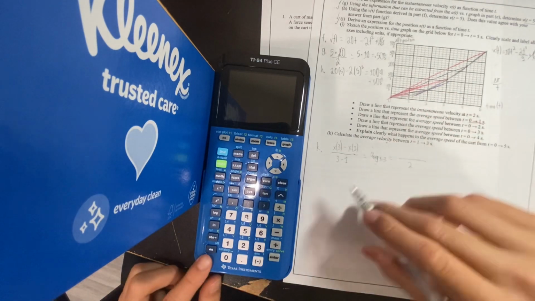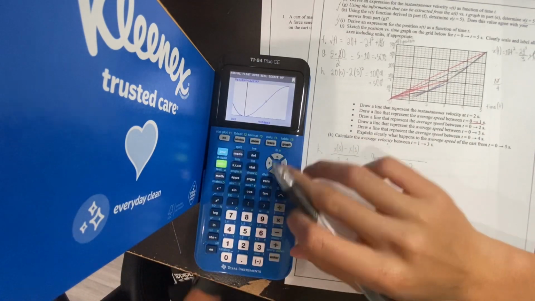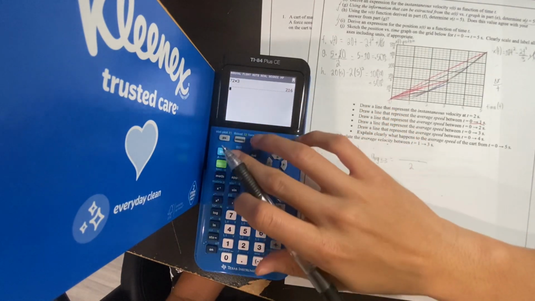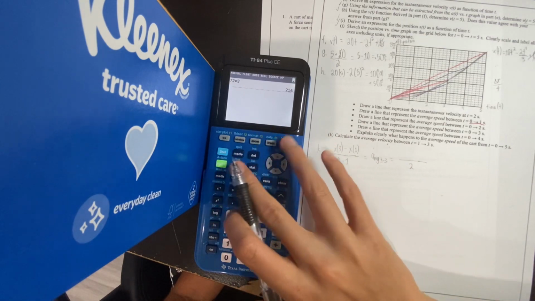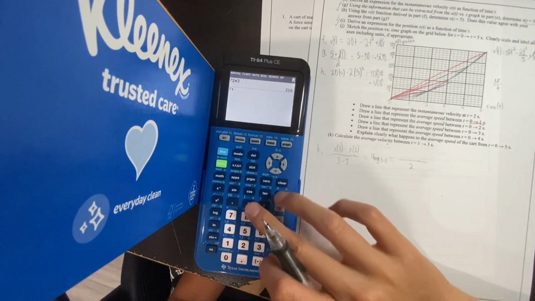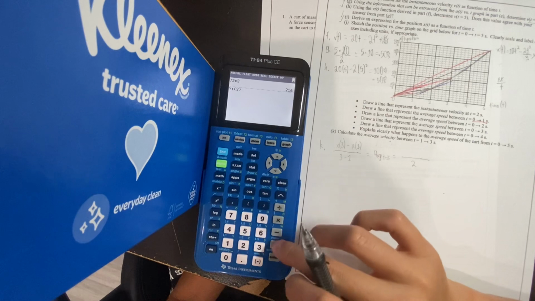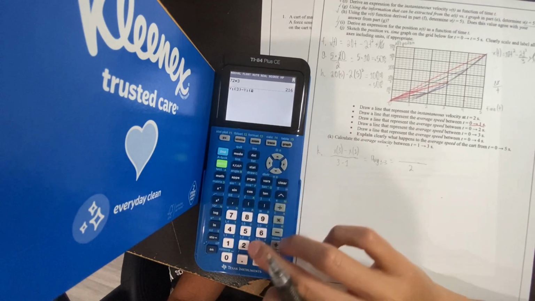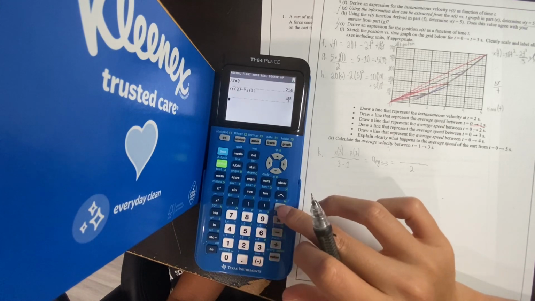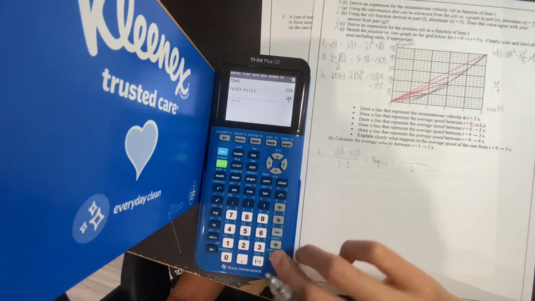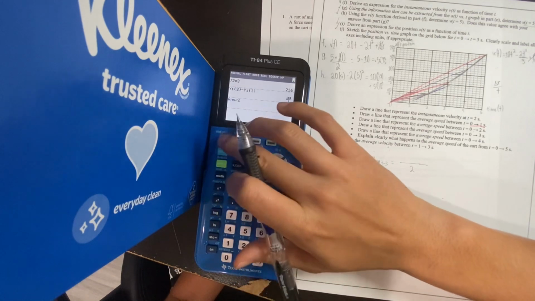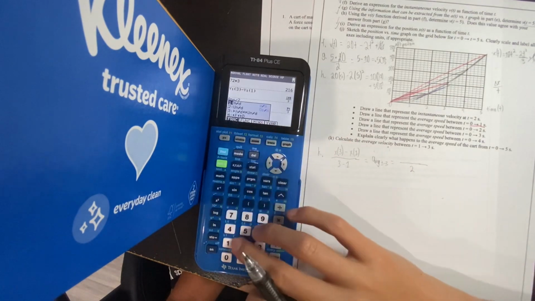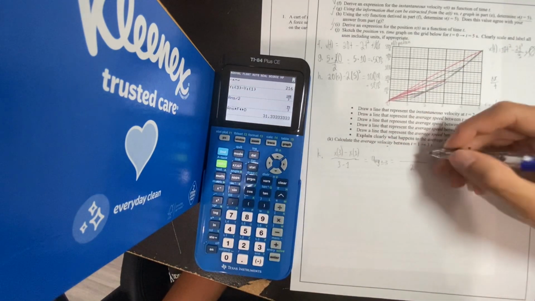And if we plug those into our calculator, since we already have the position graph, just gonna do trace 3 minus trace 1, divided by 2, and change that into decimal, which is easier.